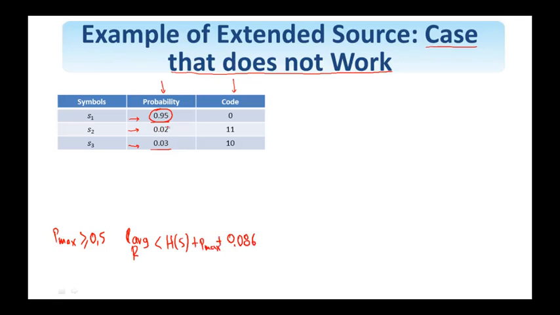So with Pmax 0.95, this here is greater than 1. So the upper bound becomes a rather loose one, and there's a lot of room for improvement.